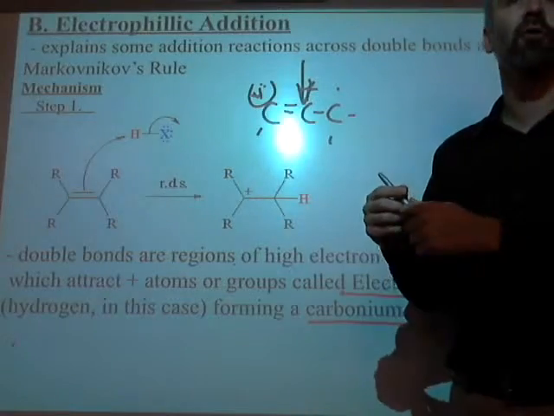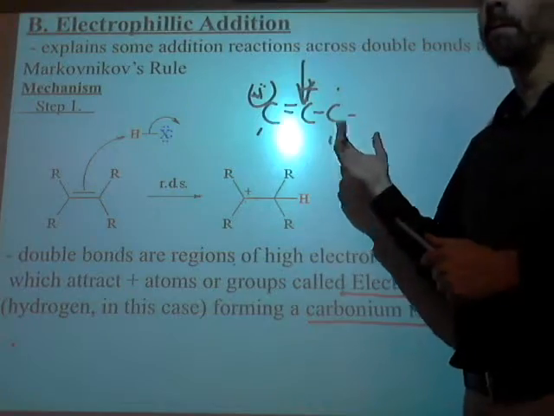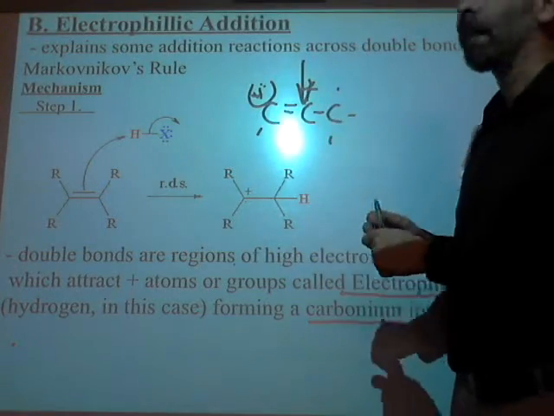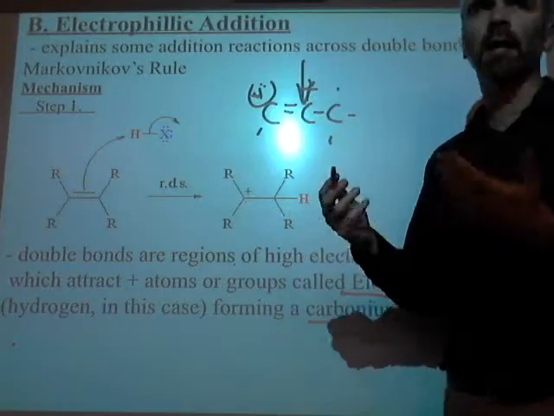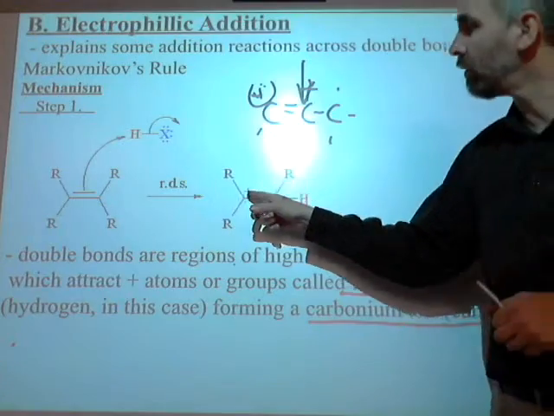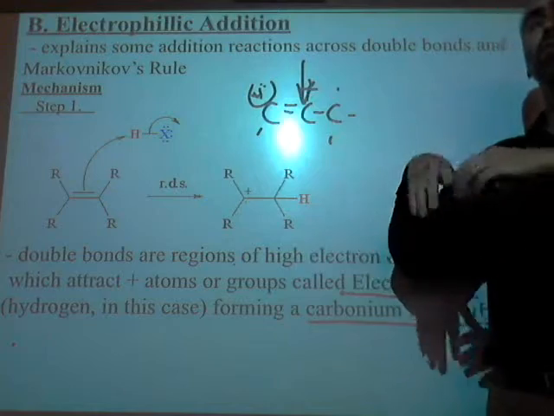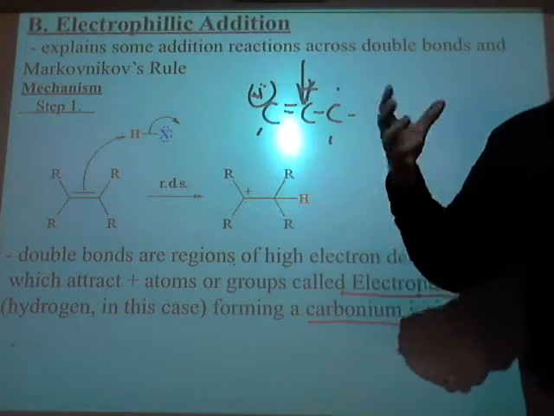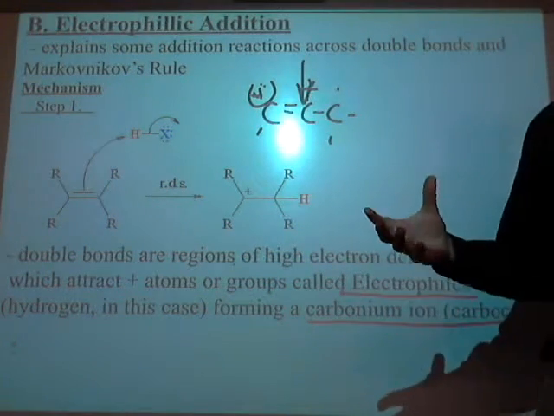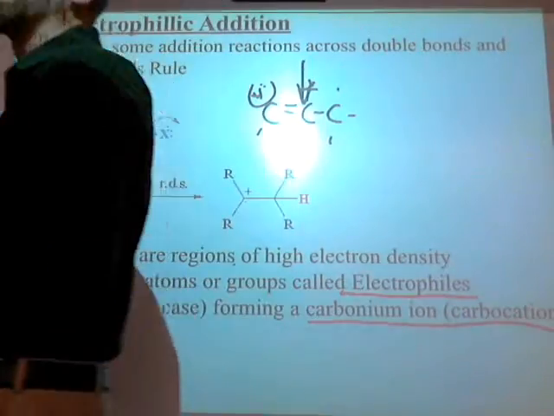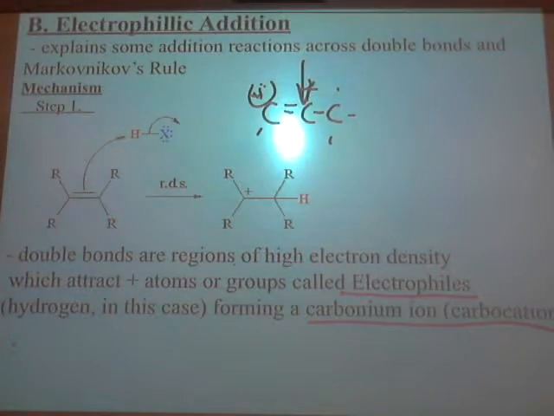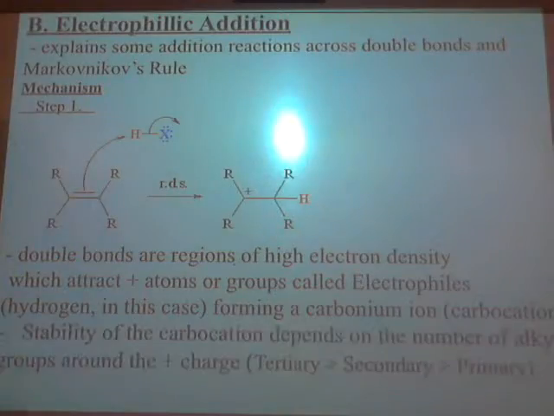I want the positive charge to be more towards the middle because that carbocation is unstable. He's not happy. Anything with a charge isn't happy. And that positive charge can be better dispersed with the more carbon and alkyl groups around him. The stability of that carbocation is the key to this reaction. So write this down. The stability of the carbocation depends on the number of alkyl groups around the positive charge.